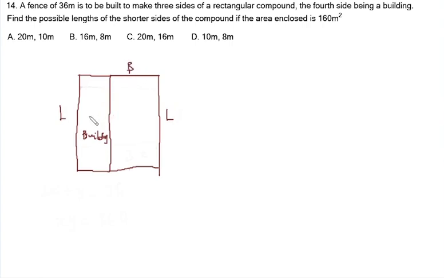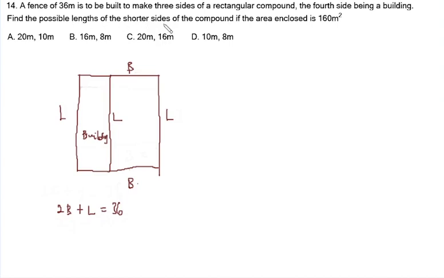Notice the part we are taking note of is this part, because this is the compound. The breadths are the shorter sides of the compound, and the lengths are the longer sides. The fence is 36 meters. So basically, this plus this plus this is 36 meters. That means 2b plus L is equal to 36 meters.